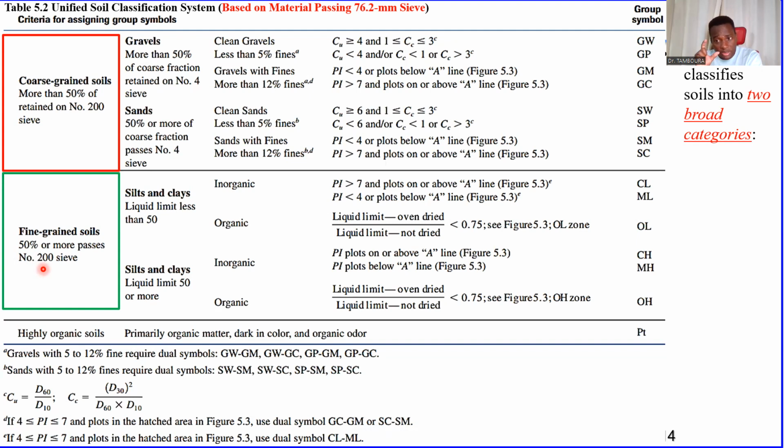It means if it is 50, you are here. 50.00, you are here. Okay? Here is higher than 50. Here is strictly higher than 50. Here is 50 and more.